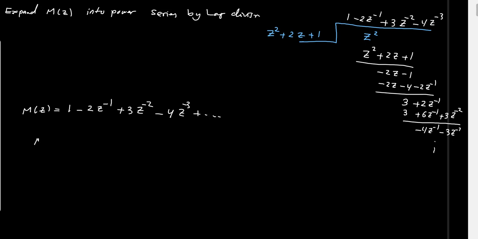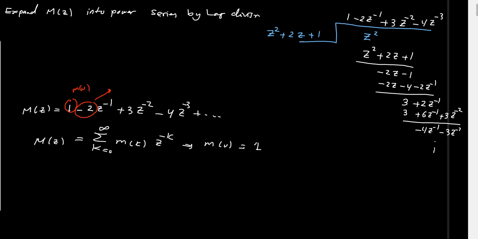Now from the definition of the z transform, which can be written as a summation from k equal to 0 up to infinity of M(k) z^-k, from here we can locate M(0) to be 1. This will be M(1), and so on.